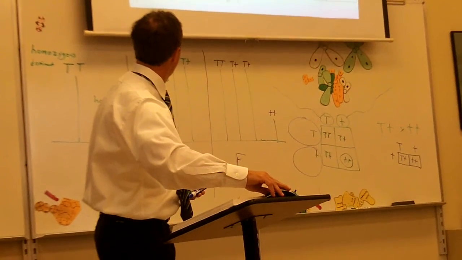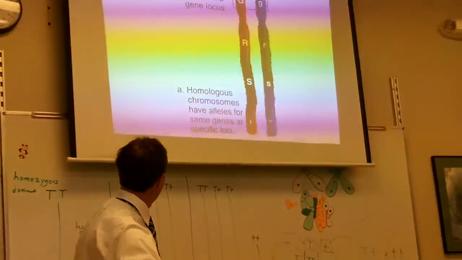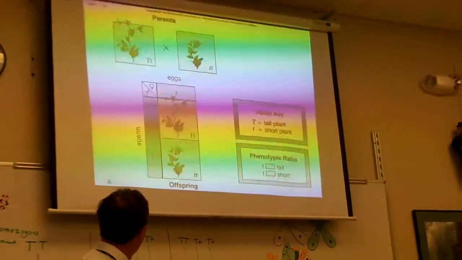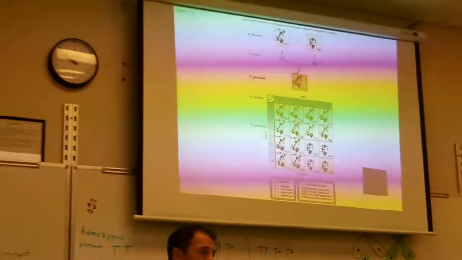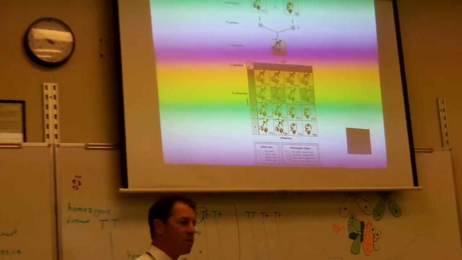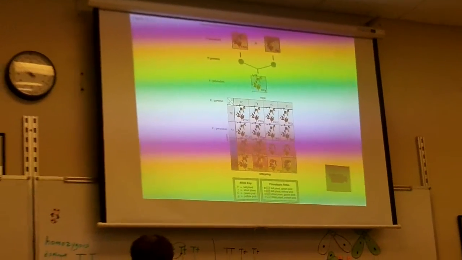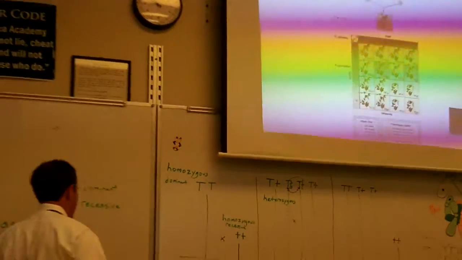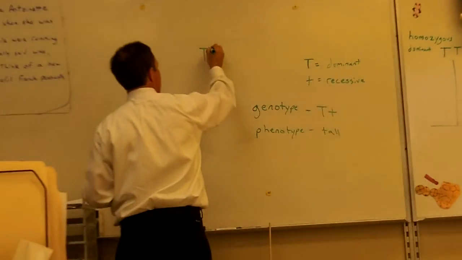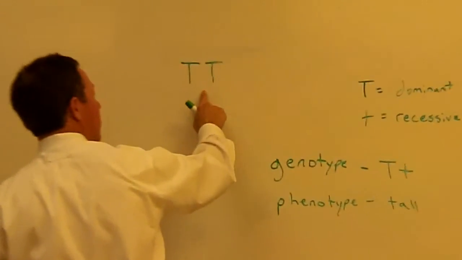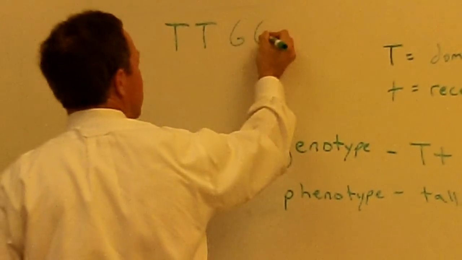Mendel would sometimes consider two traits at once. What are y'all doing? Don't pack up. Still paying attention. Mendel would sometimes consider two traits at once. For instance, he can consider a plant that's tall and that has green pods.